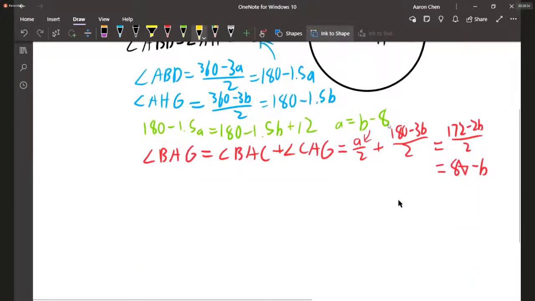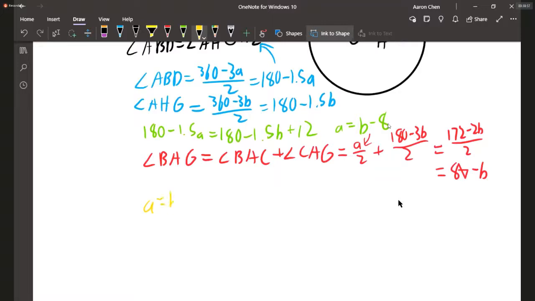And so you have the equations a equals b minus 8, and 5b equals 180 minus 2a.